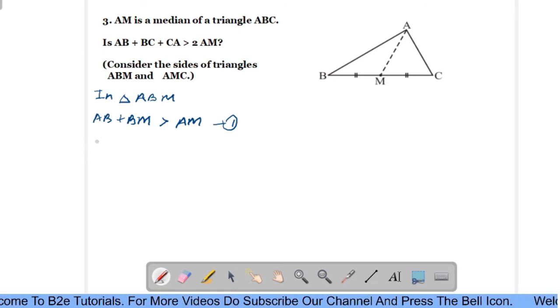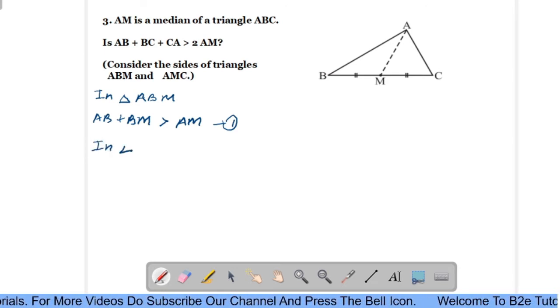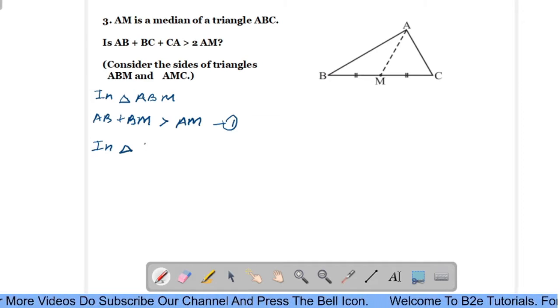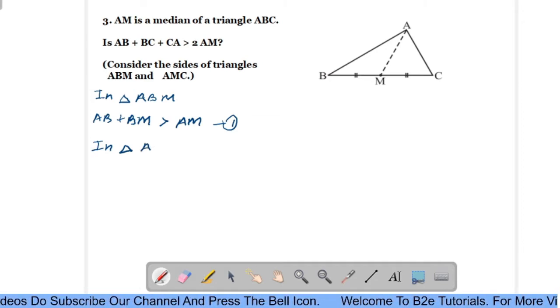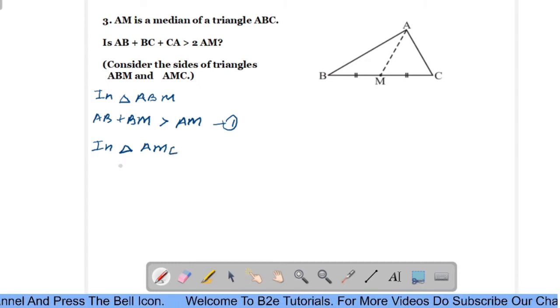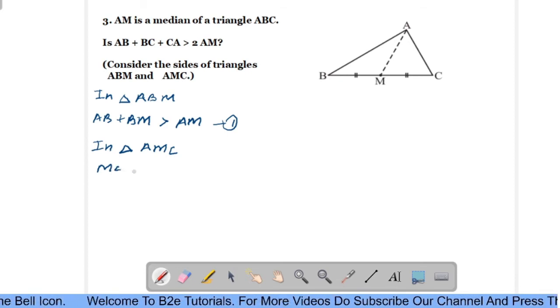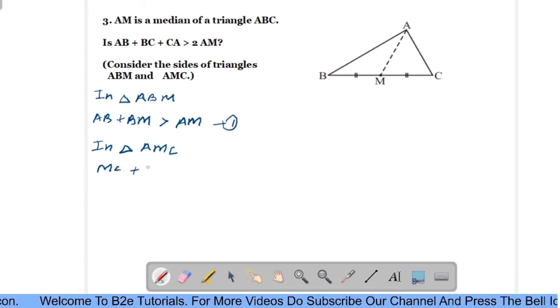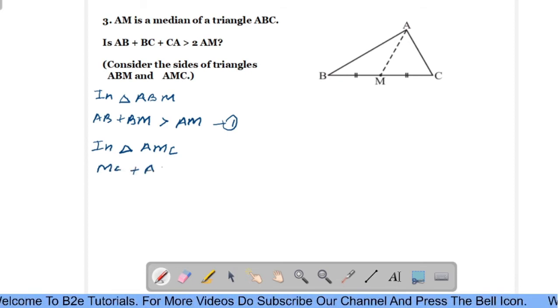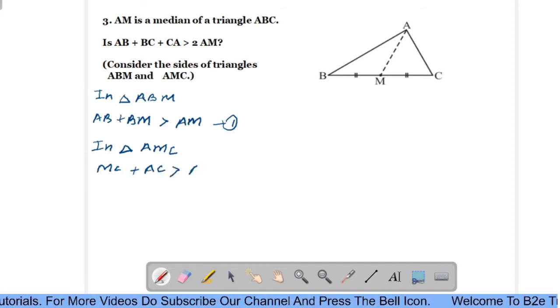Now in triangle AMC, MC plus AC is greater than AM.